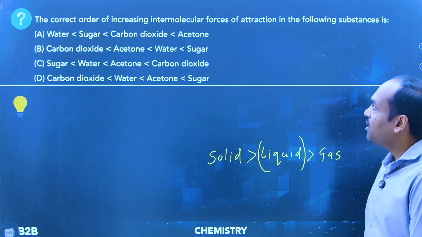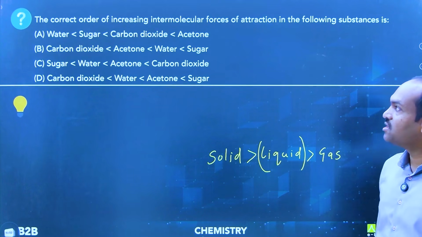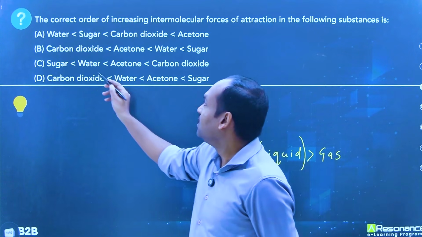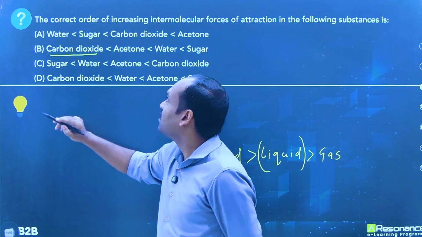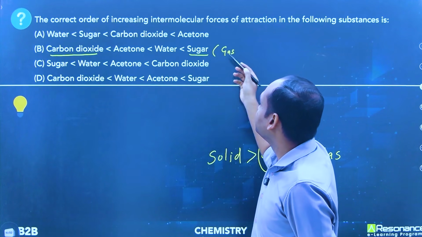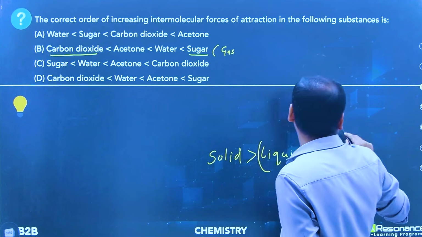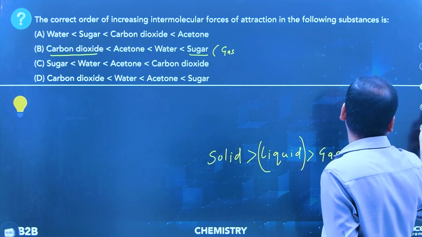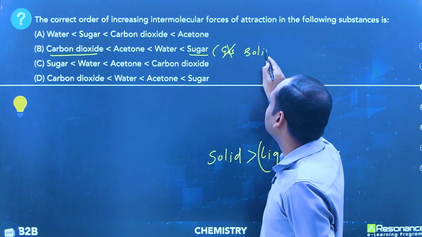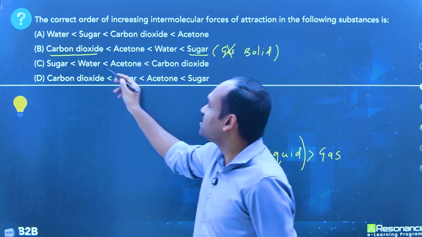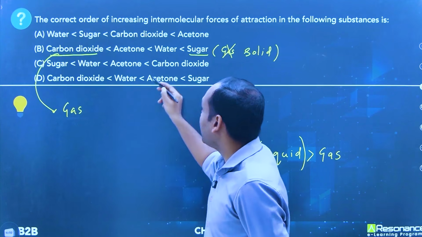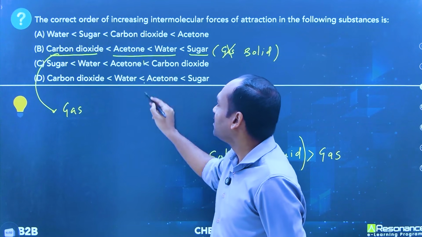So here, are you finding anything which is gas? In this option, carbon dioxide is a gas, or sugar exists in solid state. Solid. Okay. One minute. This is solid. Or this is gas. B option here is gas. Now acetone and water, both are liquid.